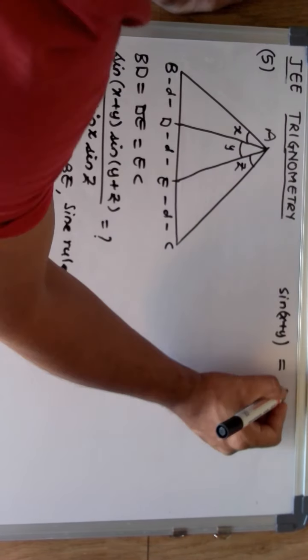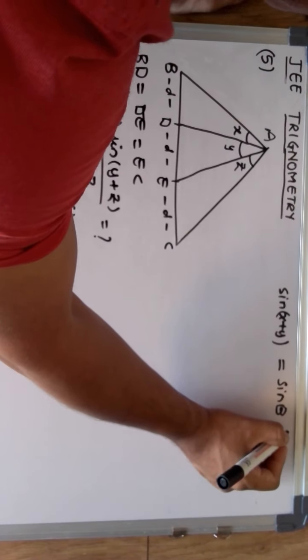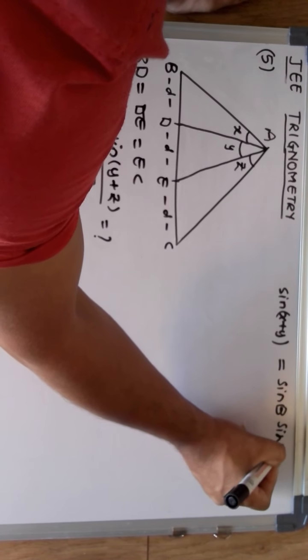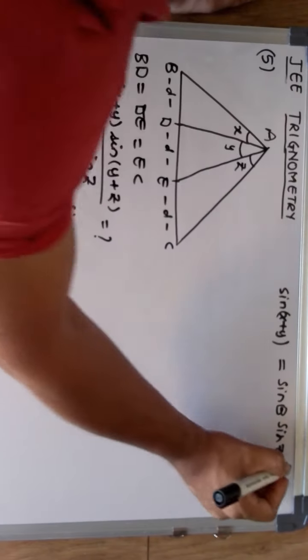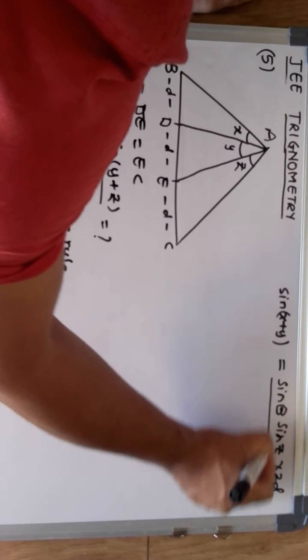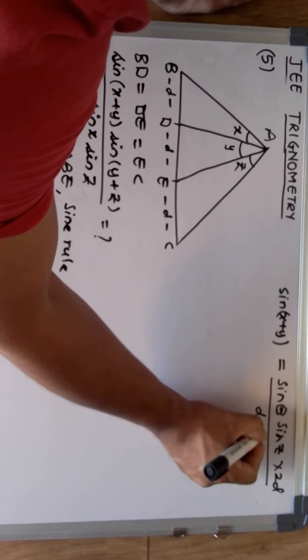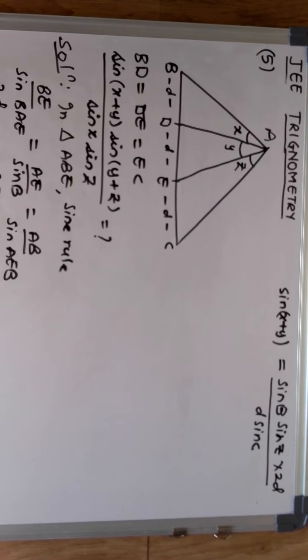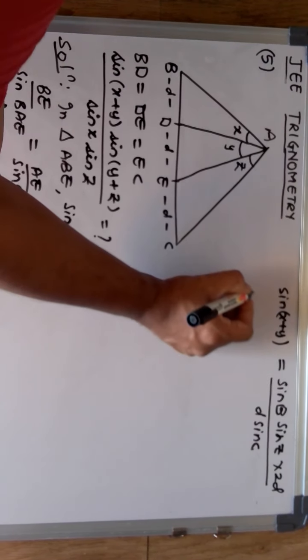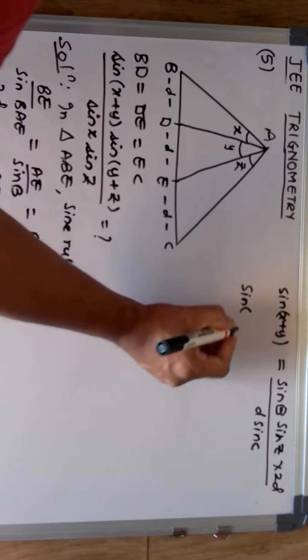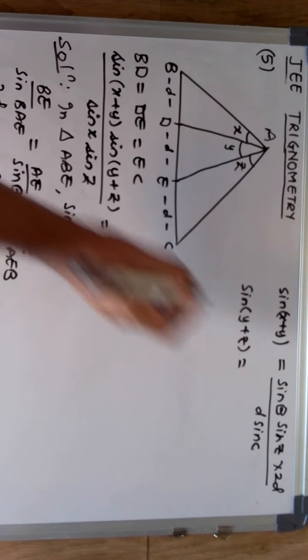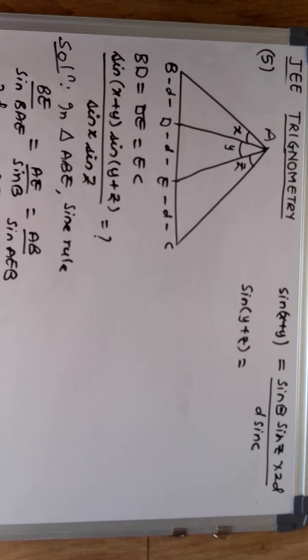sin B sin Z, and the denominator was 2D, so into 2D is to D sin C. This is the value of sin x plus y. It is sin Z sin B into 2D upon D sin C. So similarly, sin y plus z also will become what?